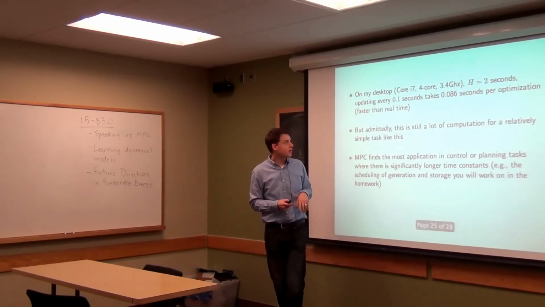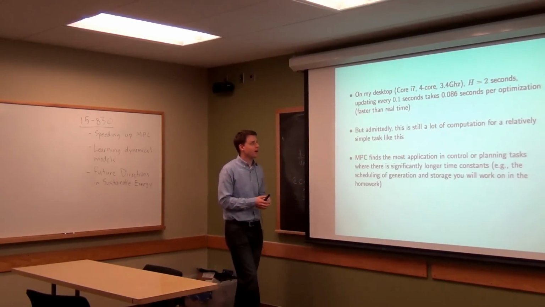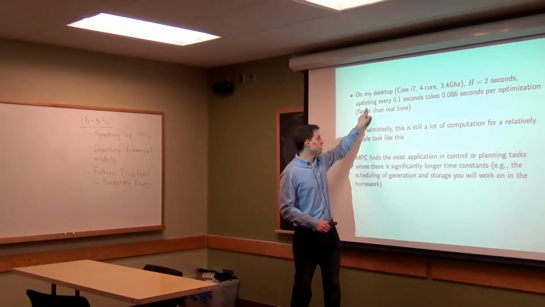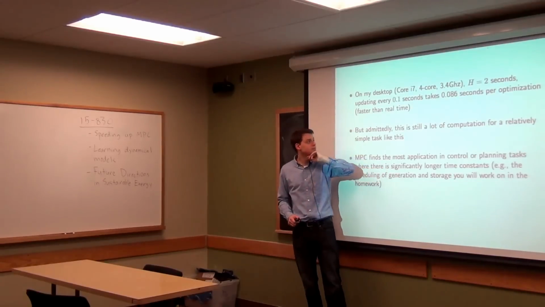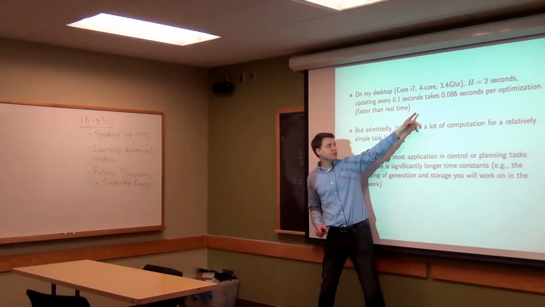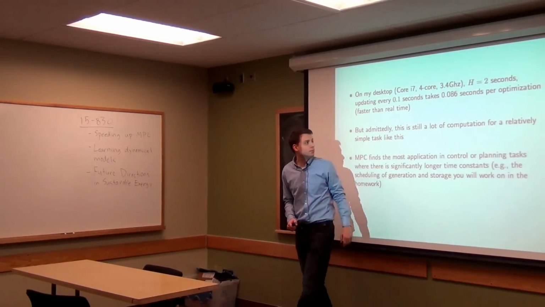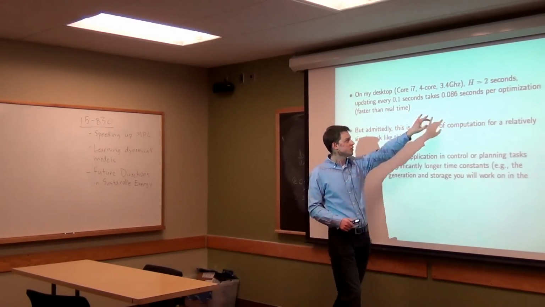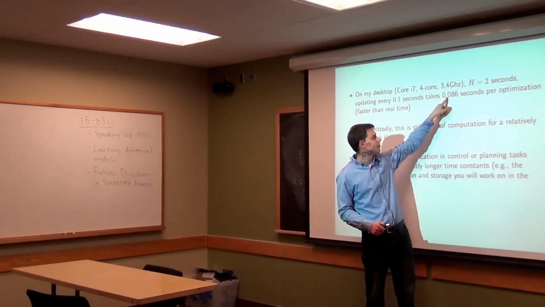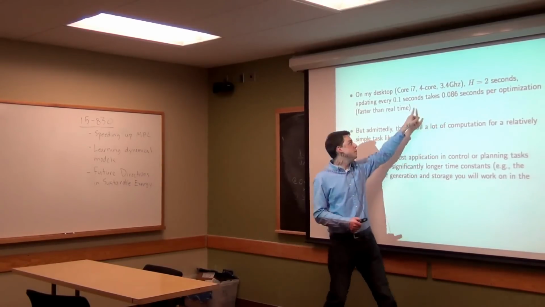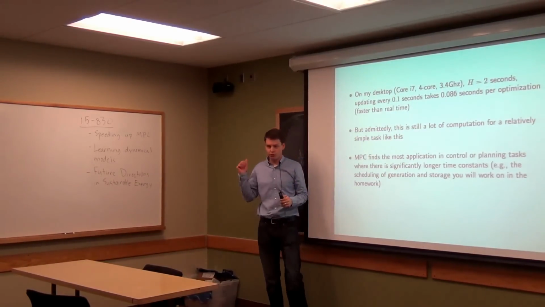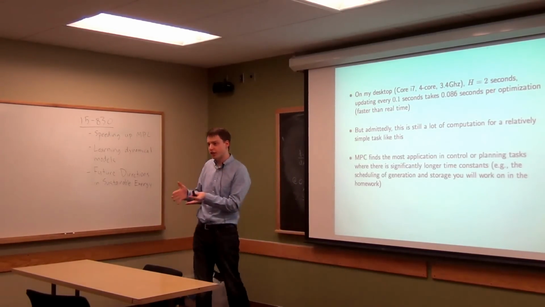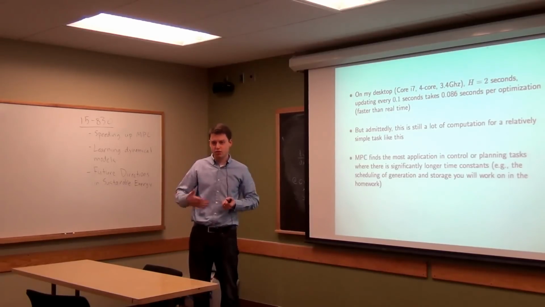And putting these all together, on my desktop, if I use an internal time horizon of 2 seconds and update only every 0.1 seconds, then solving the optimization problem with this horizon takes about 0.08 seconds. We're only updating it every 0.1 seconds, so now we can do it in real time, right? We've set up a problem framework where our solution is faster than we need to update, and so in fact we can do this.